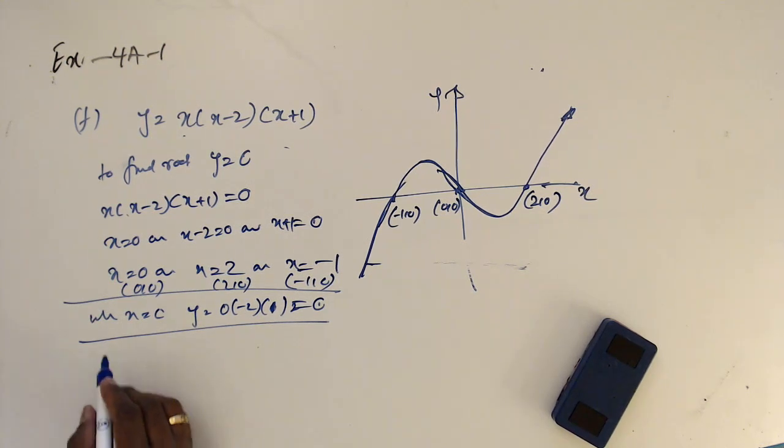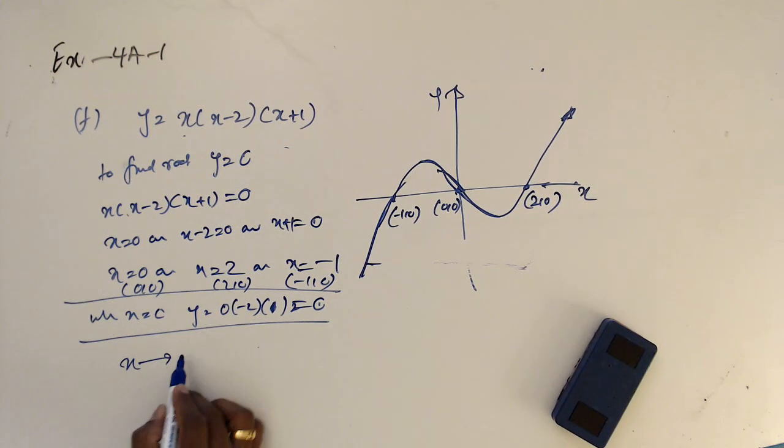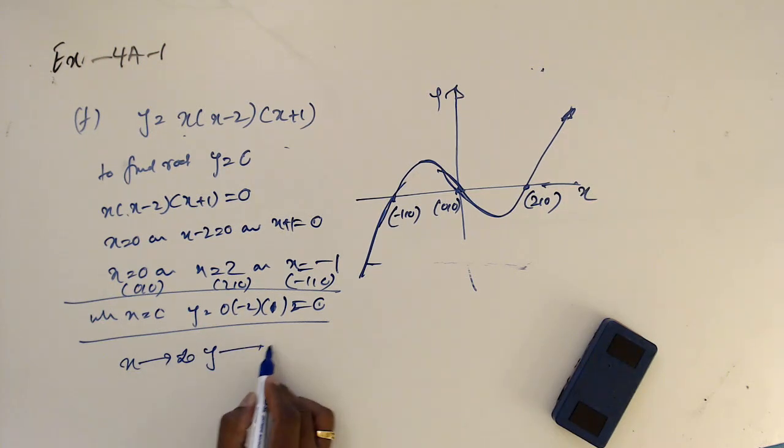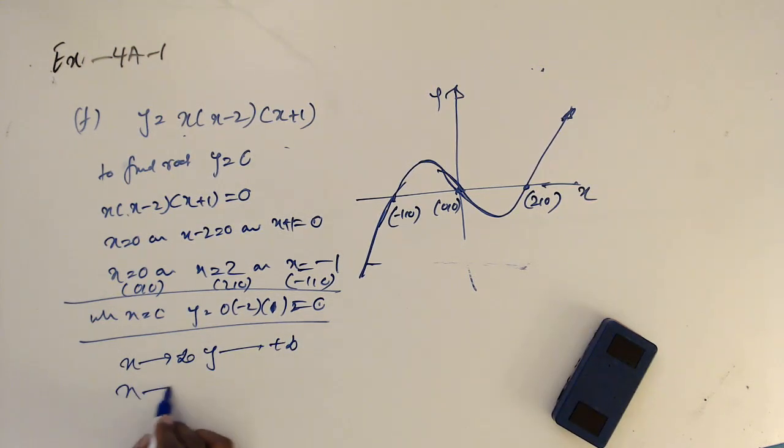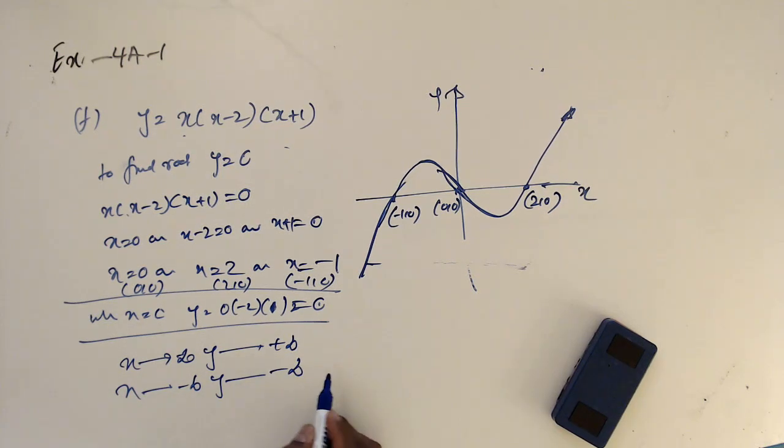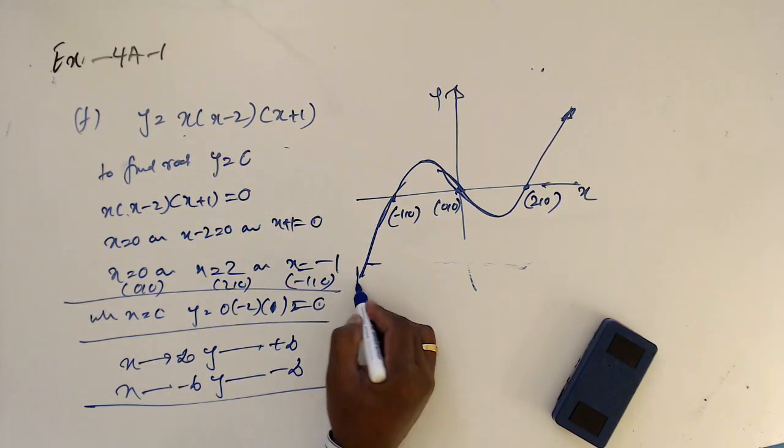And since the coefficient of x cube is positive, x goes to positive infinity, y goes to positive infinity, x goes to negative infinity, y goes to negative infinity. And this is the graph.